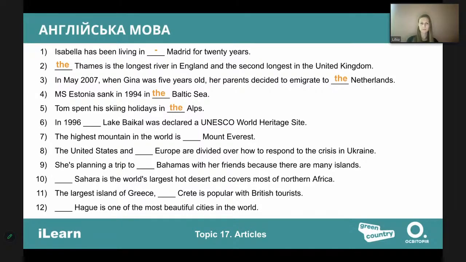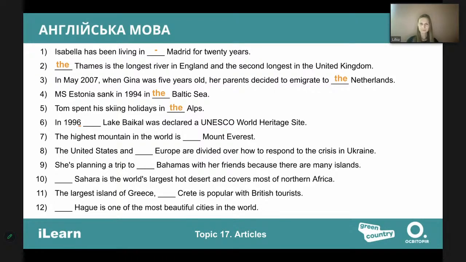Number 6. So what about number 6? No article, actually. It's one separate lake, so we don't need any articles.